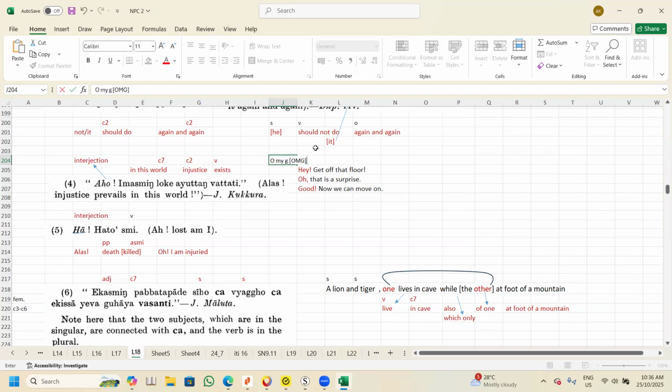So the word here, wati, exists. What you translate that means "oh my god, this injustice prevails, exists in this world."